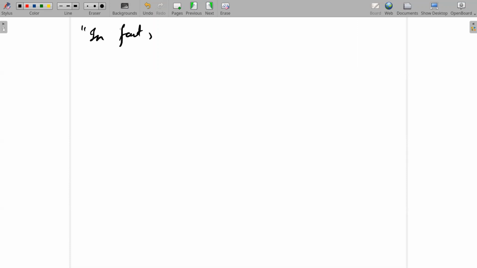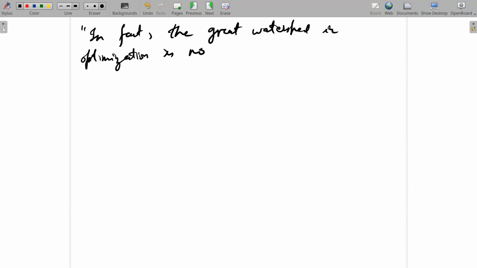So in fact, the great watershed in optimization is not between linearity and non-linearity, but between convexity and non-convexity.